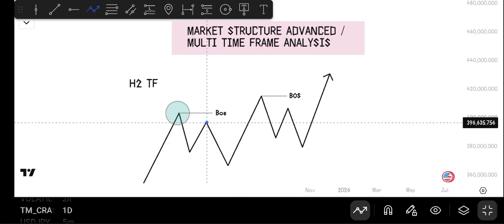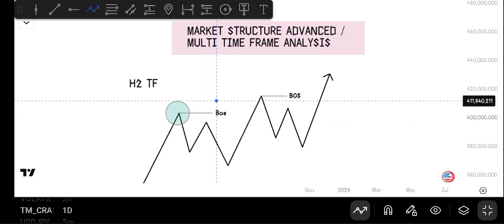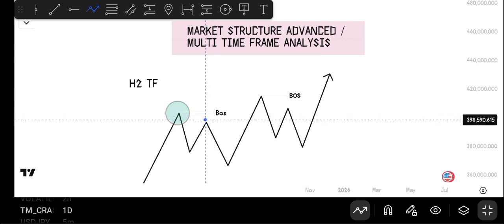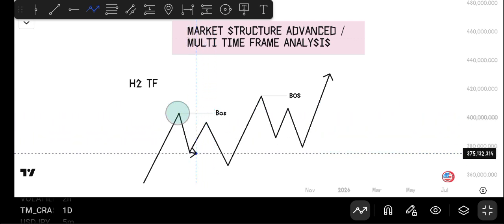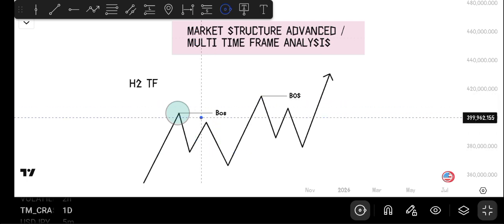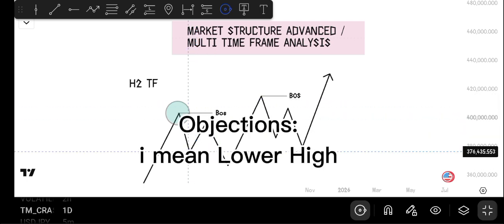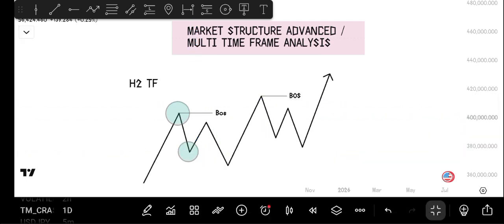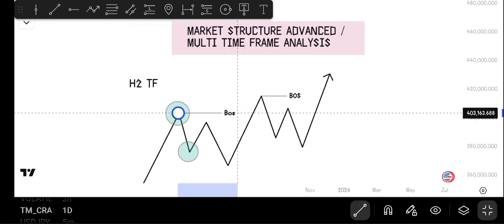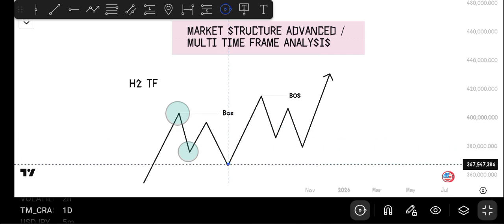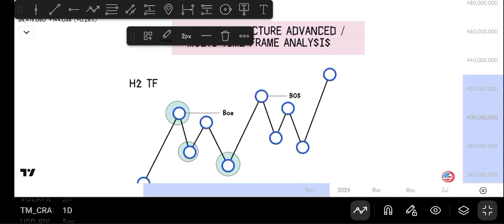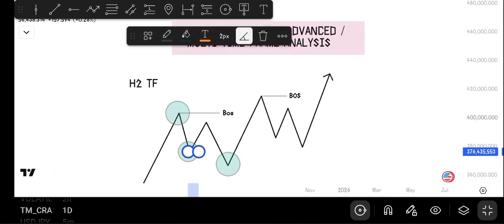If this low right here had broken past this high right here, this low would have become a swing low, which is our lower low, as you can see. But it never did. The low that led to this break of structure, or the last low before this break of structure, is this low right here, so I'll delete this one right here.